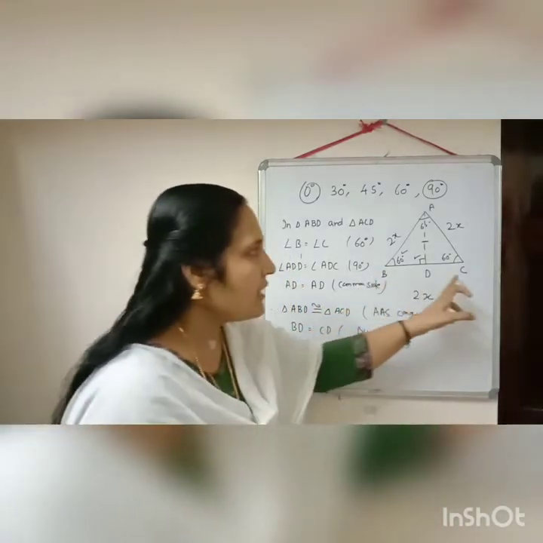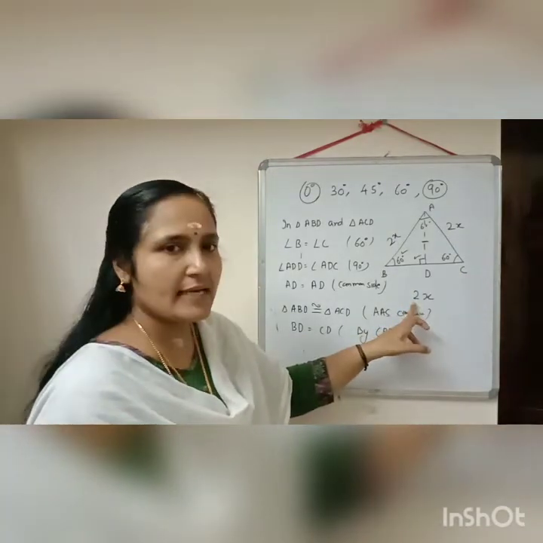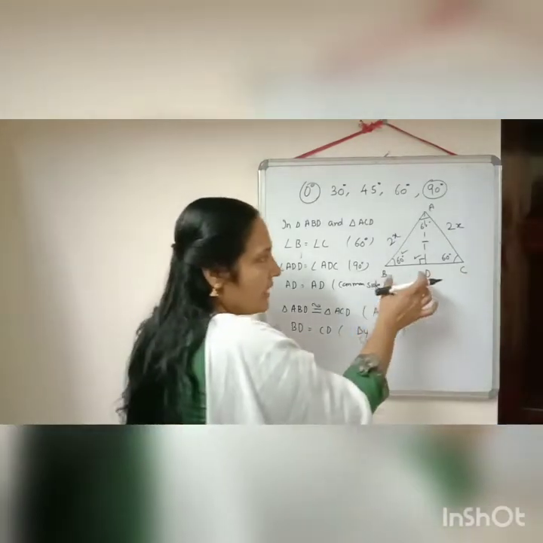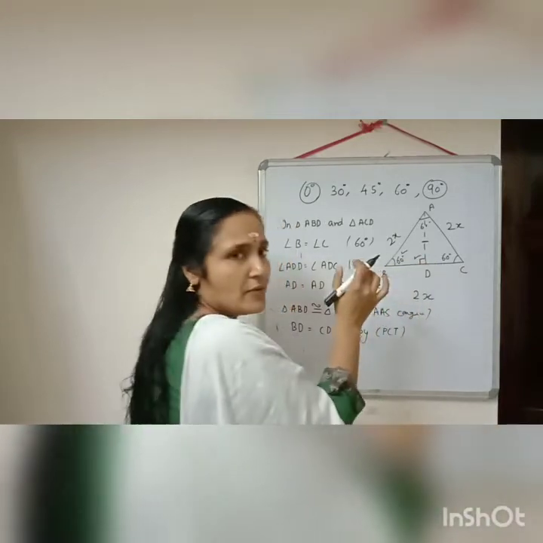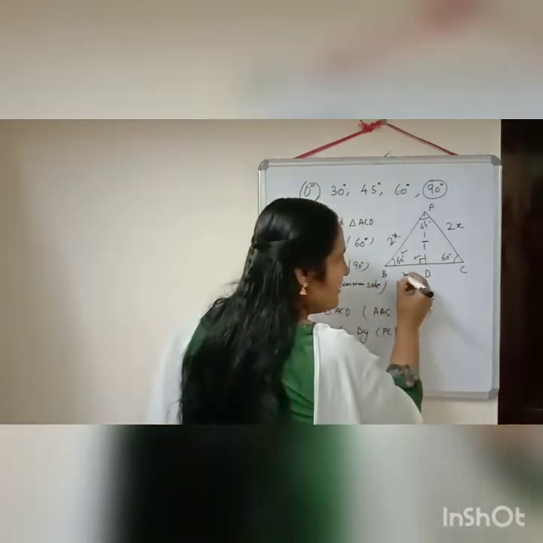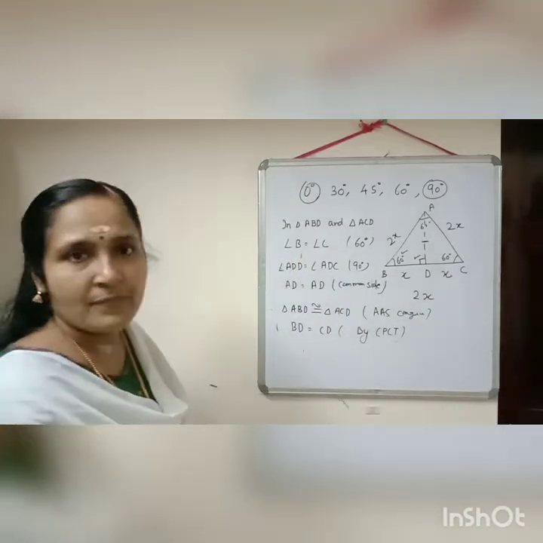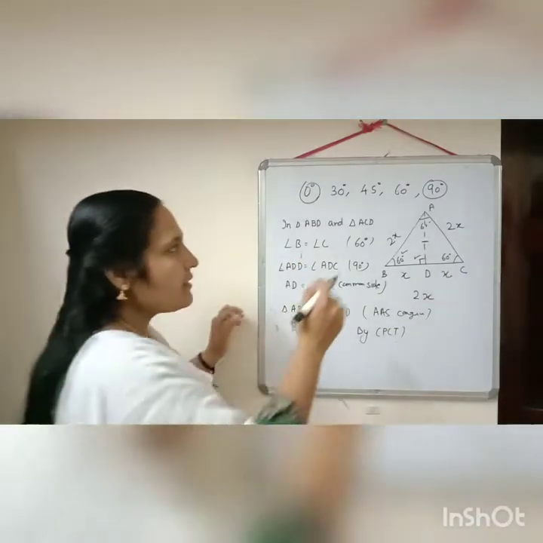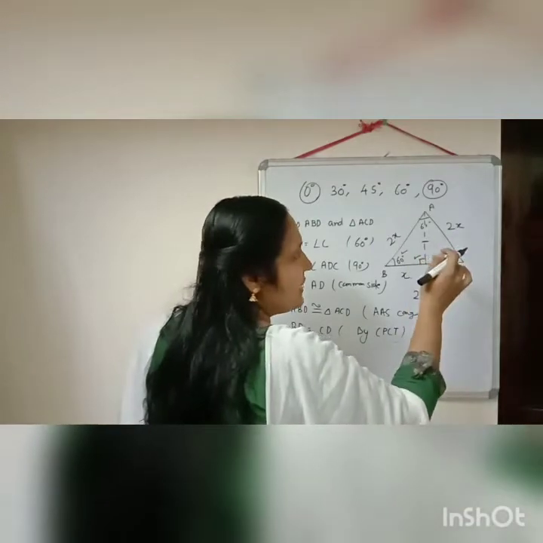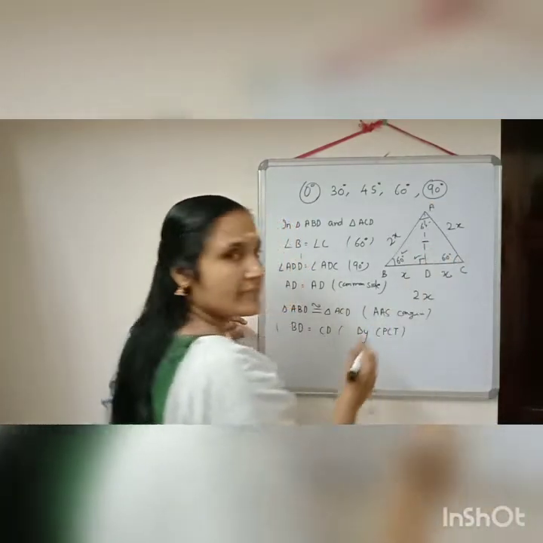So total length, how much have we taken? Length of BC as 2x. And we are saying BD will be equal to CD. So obviously BD will be equal to x and CD also will be equal to x. Then angle BAD will be equal to which angle? Angle CAD.